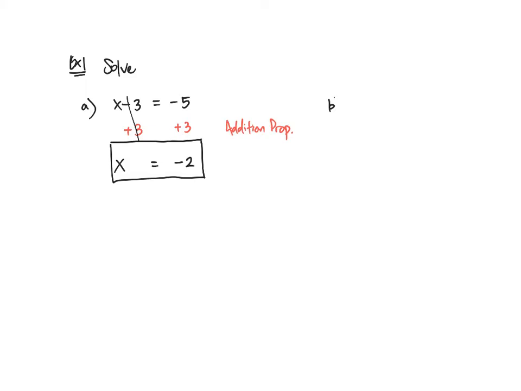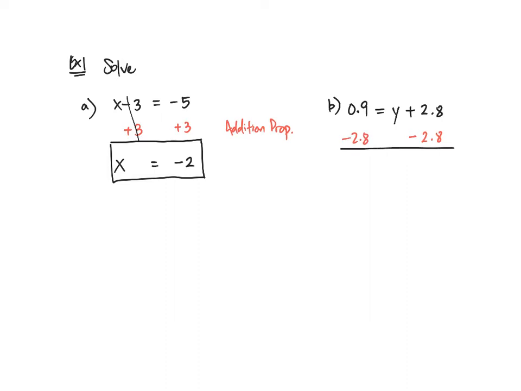Okay, looking at example 1b. Now we're dealing with decimals a little bit. Hopefully you're not afraid of decimals. Again, our goal here is to get the y by itself. So to do that, we need to cancel out the positive 2.8. What cancels out a positive 2.8 is a minus or negative 2.8.